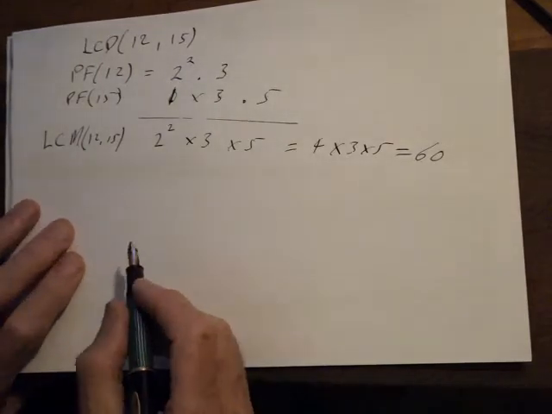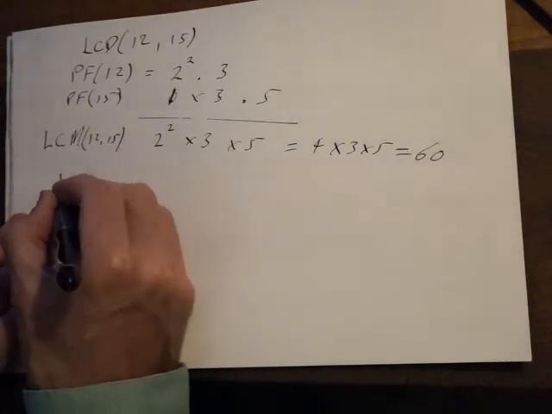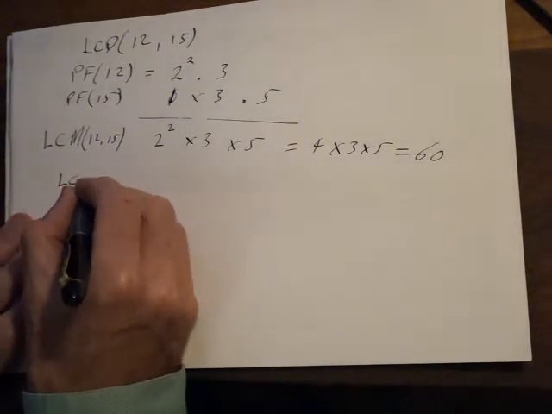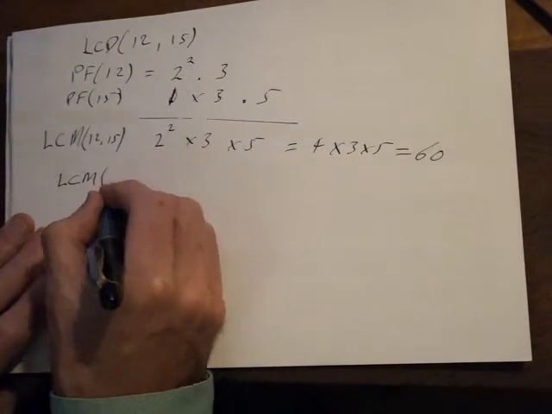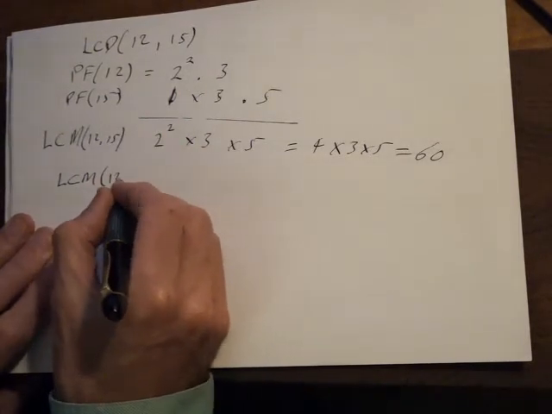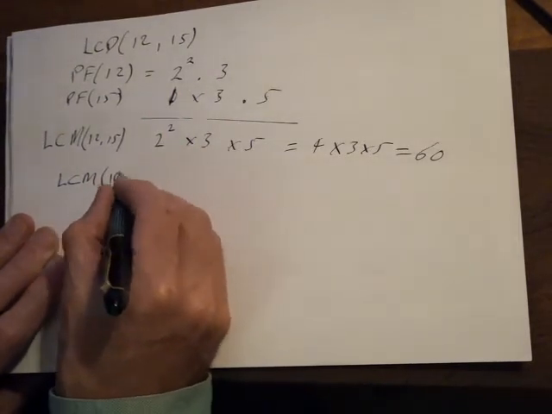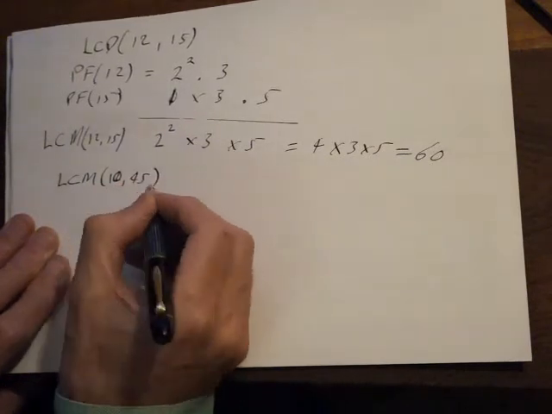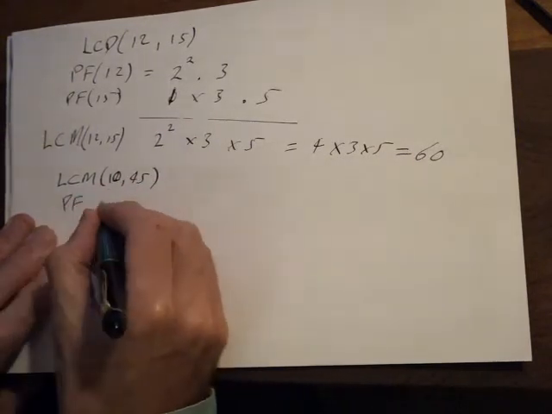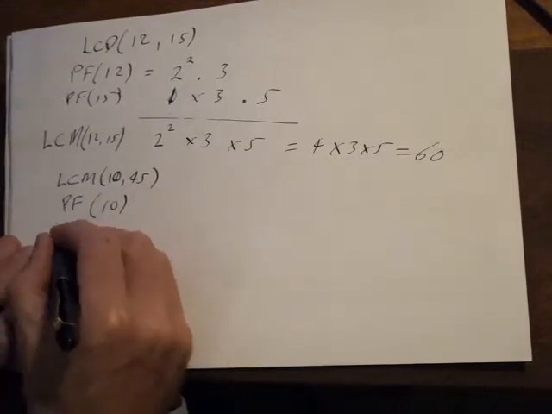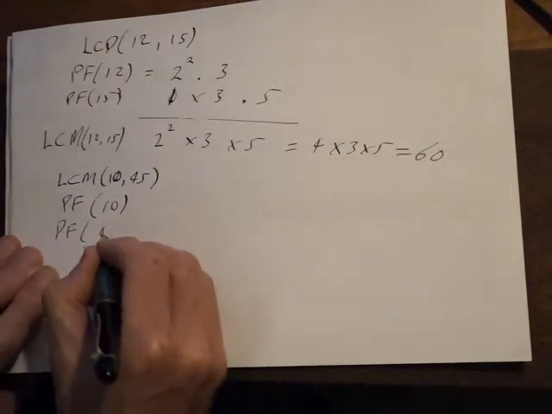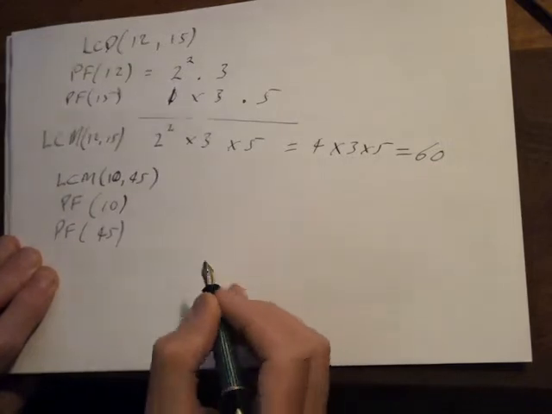Let's do a lowest common multiple of some other numbers. So the lowest common multiple of 10 and 45. Well, we find the prime factors of 10 and the prime factors of 45. Let's put them together.